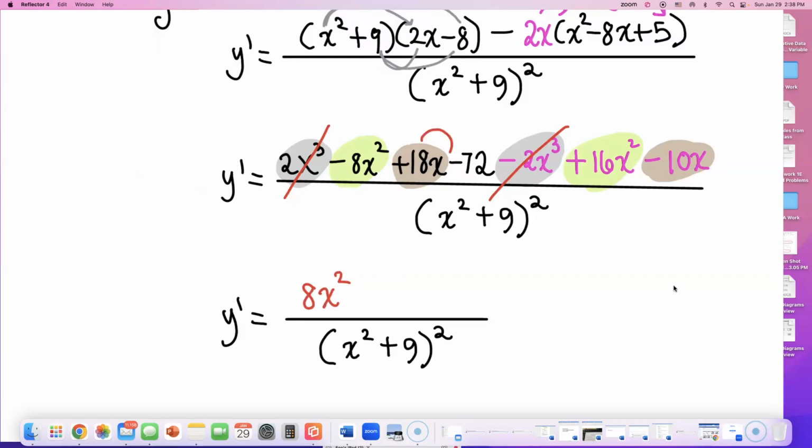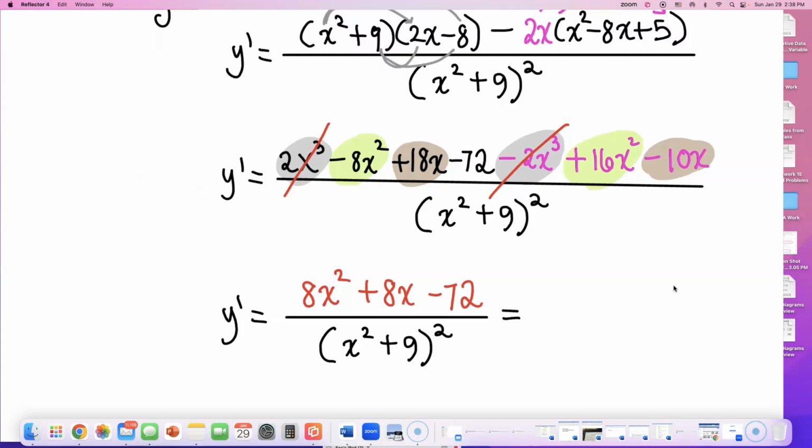Now, if you combine these brown things, that's 18 minus 10 right there, right? 18 minus 10 is 8. So I'll get 8x. And then lastly, this minus 72. They don't have a like term, but we still have to copy it down. Minus 72.